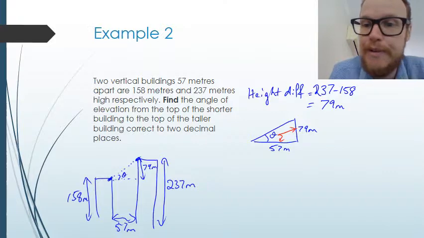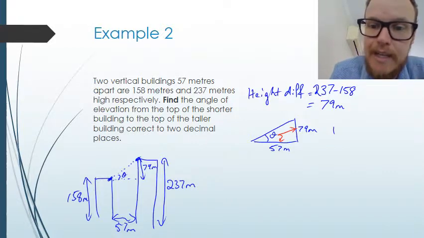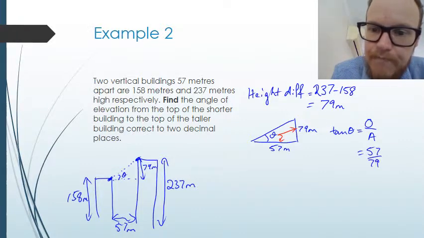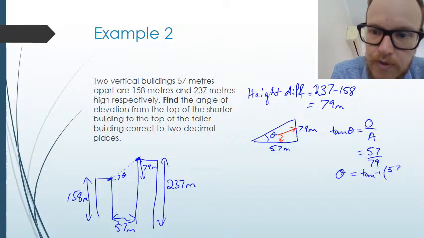So we know that we need to use the tangent trigonometric function. Tan theta is going to be equal to opposite over adjacent, 57 over 79. So that means theta is going to be equal to the inverse tangent of 57 over 79.